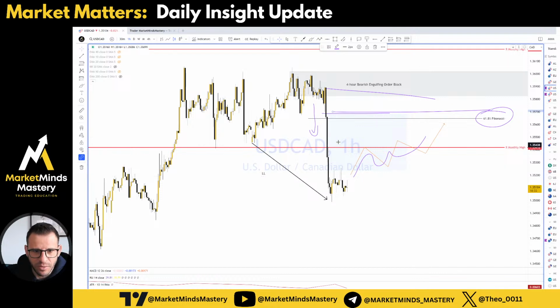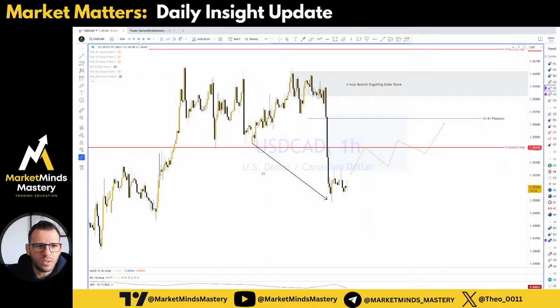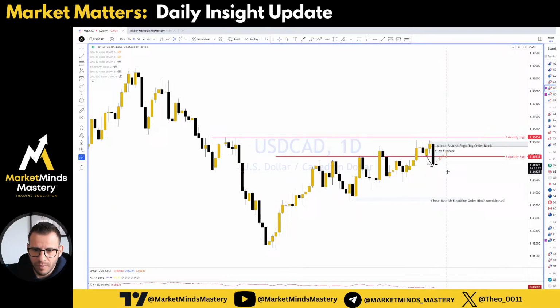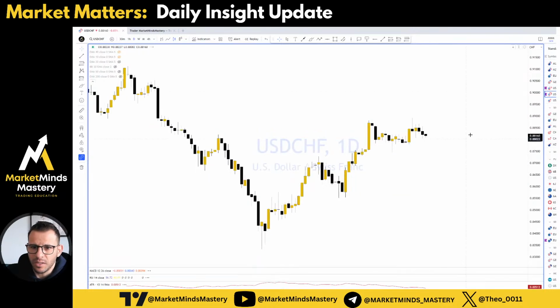So it's on the watch list. And on the daily chart, this looks like a bearish engulfing price action right at resistance. Okay, so that's a good one.